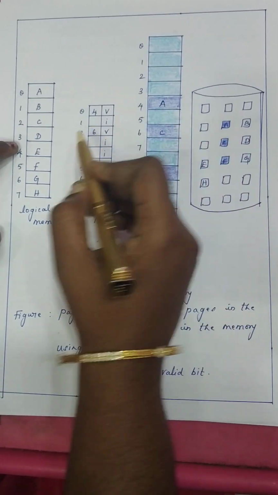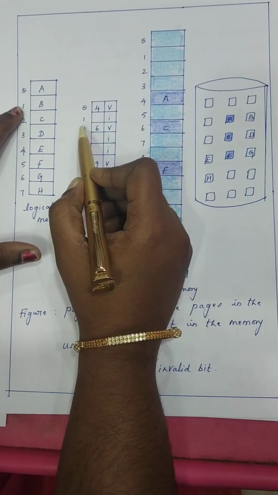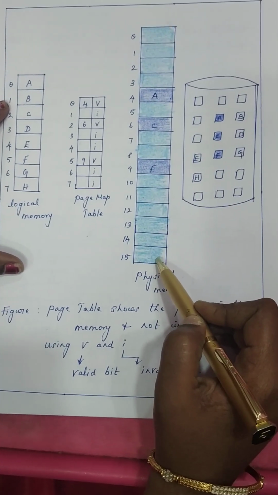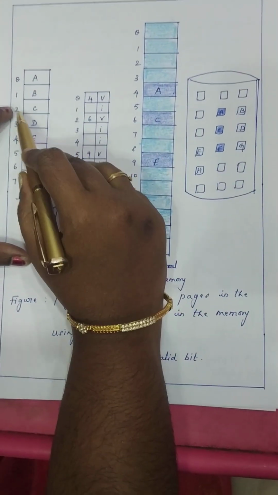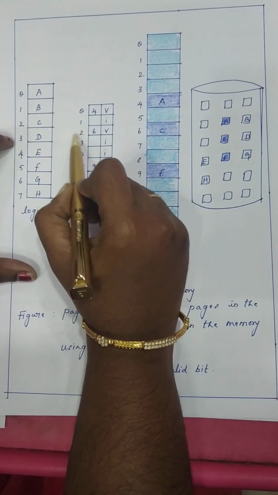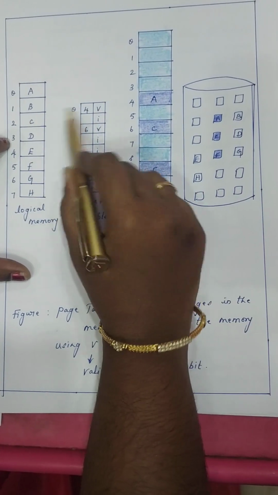Page 1 has the content B, and B is not currently in the physical memory, so the bit is invalid. Page 2 has the content C, and page 2 is in the 6th frame. See here, in the 6th frame, the content C.